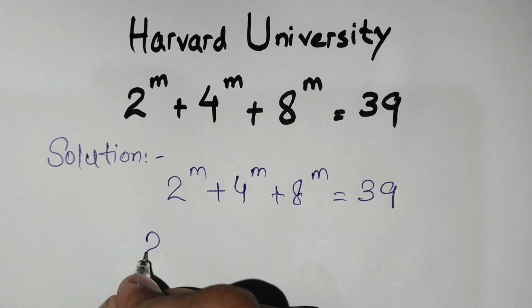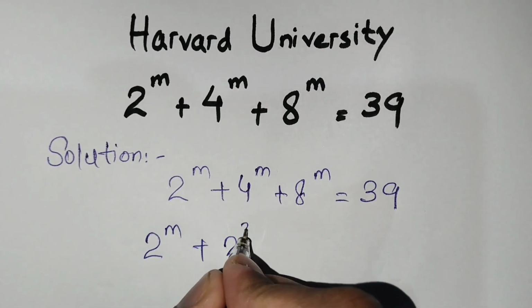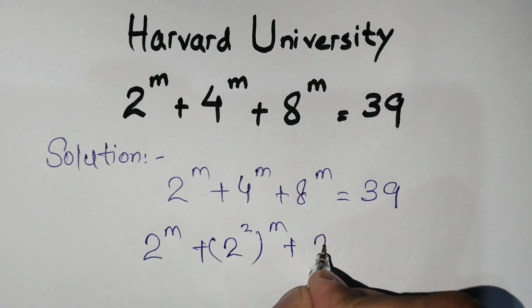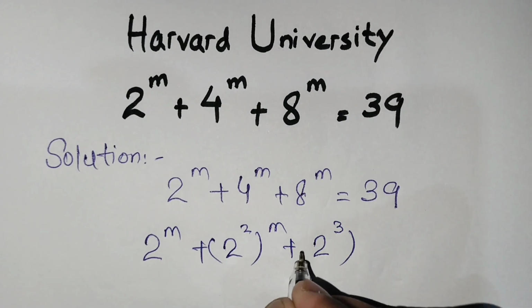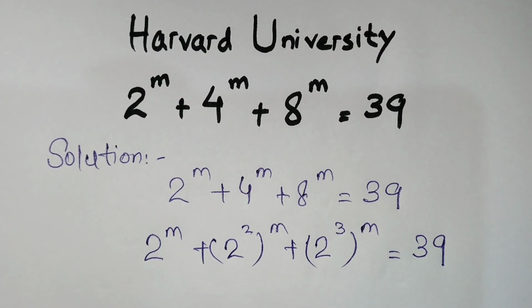We can write this as 2 power m plus 4 is basically (2 square) whole power m, and 8 is (2 power 3) whole power m is equal to 39.